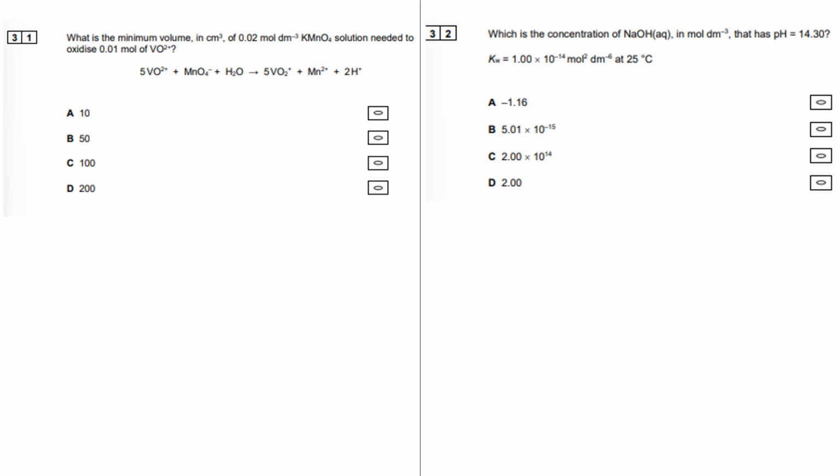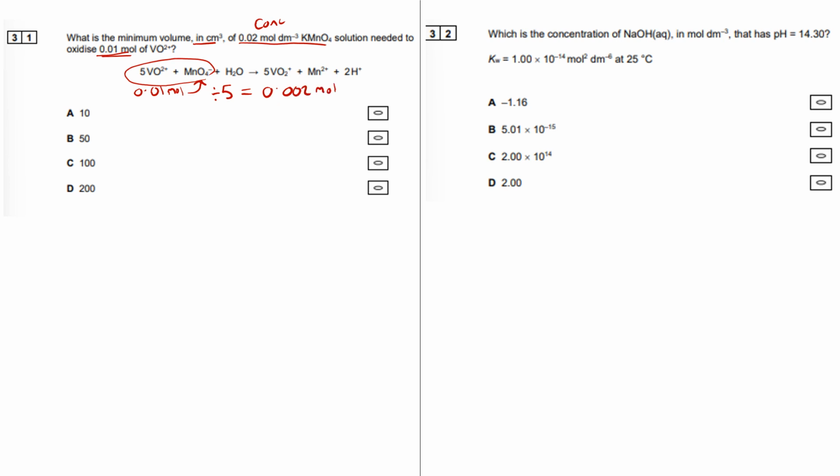Question 31. What's the minimum volume in centimetres cubed of potassium manganate, and you're given the concentration there, needed to oxidise 0.01 moles of VO2+. So you have 0.01 moles of VO2+. So how many moles of manganate? Well, it's a 5:1 ratio, so we need to divide the moles by 5. Therefore the moles of manganate is 0.002 moles.